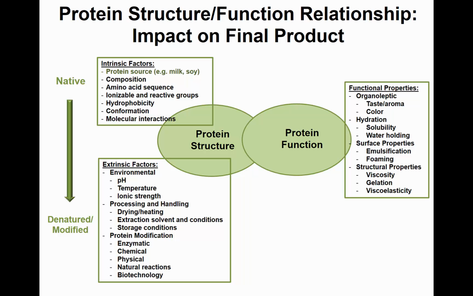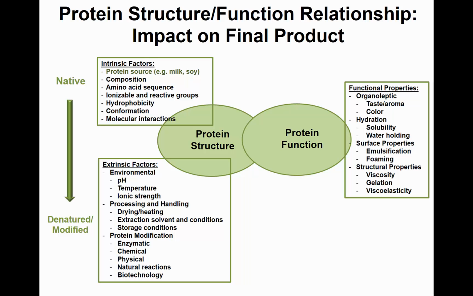But so going from native to denatured modified, the protein structure changes, protein function changes. And sometimes we want to change in structure to impact a certain function. For example, whey protein is not a good emulsifier as is. It doesn't have good surface hydrophobicity.